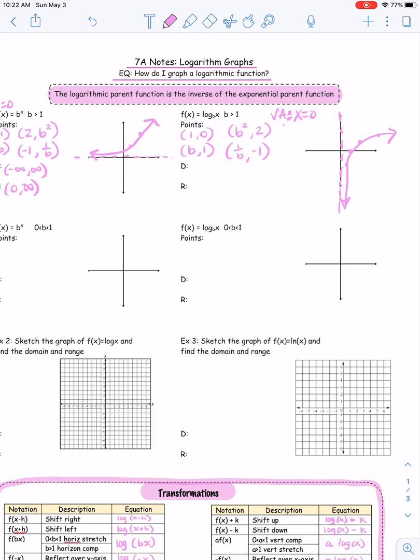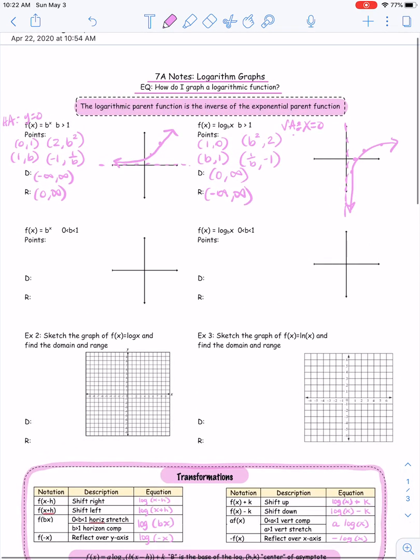Notice here our domain is always going to be the positive numbers, because remember, x is where my argument is. If I look at the parent function, log base b of x, x is the argument. That number always needs to be positive. So it's going to be from 0 to infinity. That also is where my vertical asymptote is. Range this time will be from negative infinity to positive infinity.